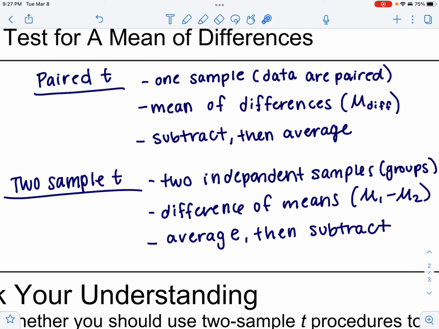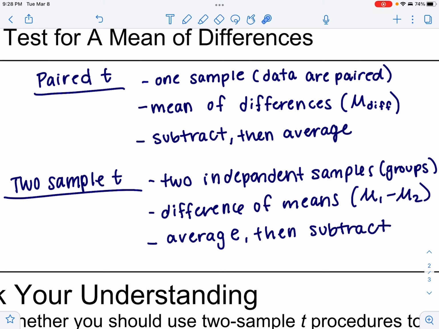We find just the differences between those, and we collect that as our data. So what will it look like if you have a paired t problem? You will have simply one sample. Such as today, in the problem we were given, we were only given one sample mean and one standard deviation. So the data are paired, and we collect just one sample from the differences of each pair.